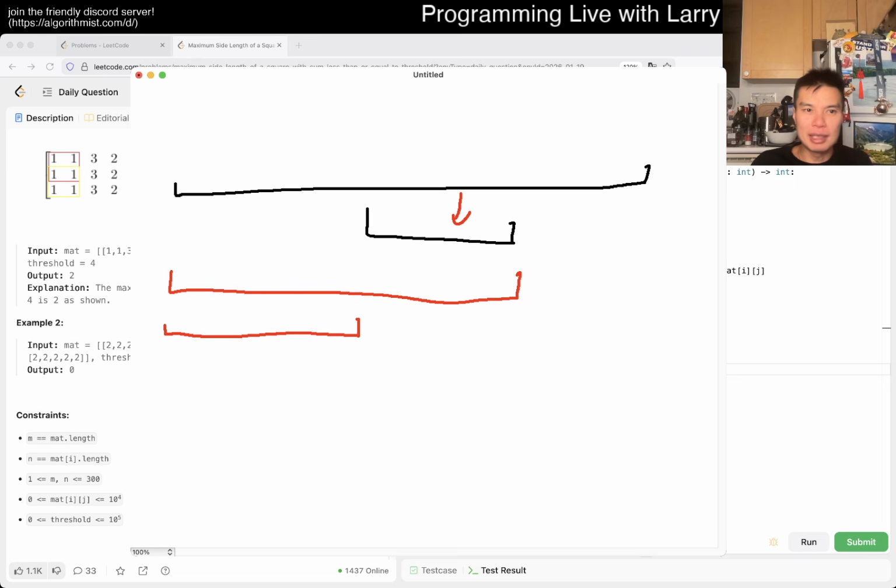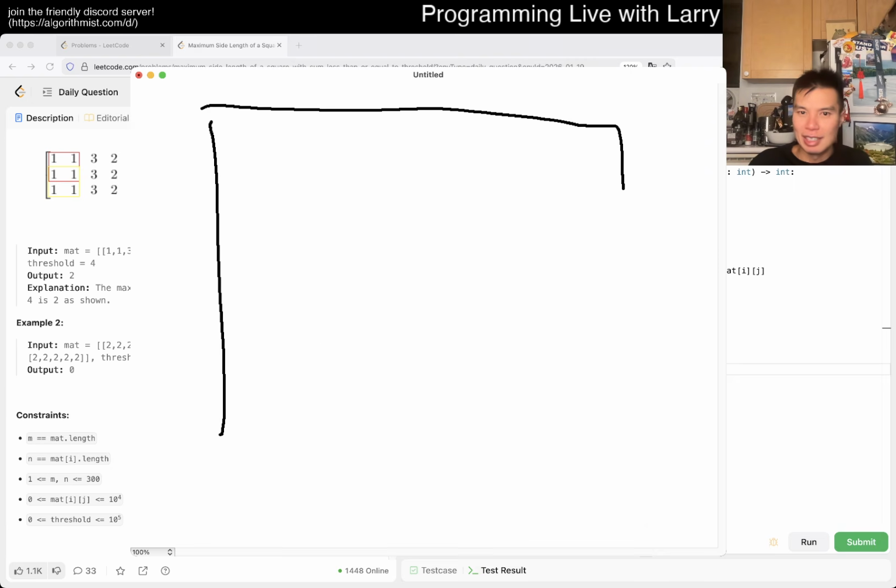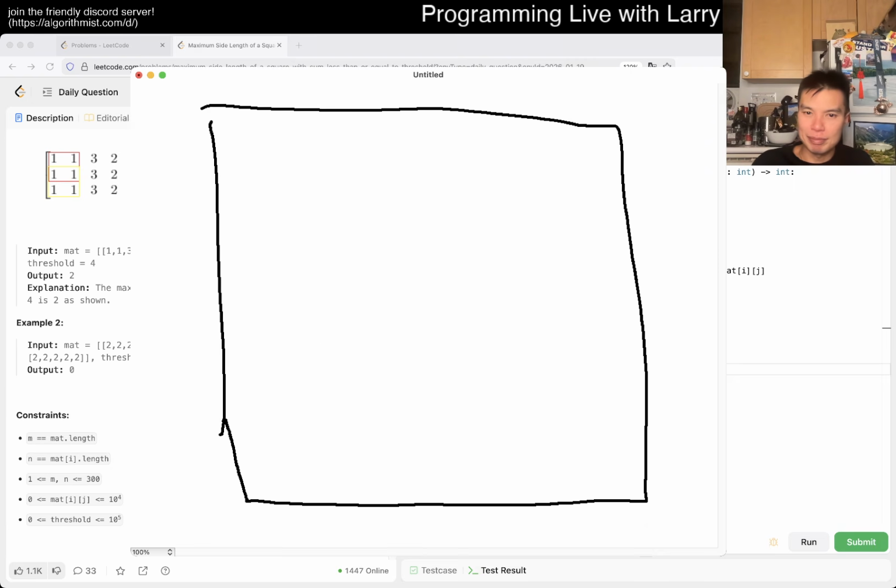In a similar way, the 2D matrix is going to look something like this, and you're trying to get a submatrix of this. Then just draw it out, right?